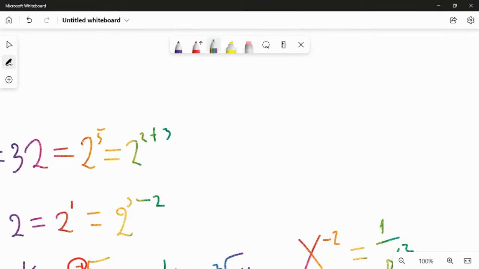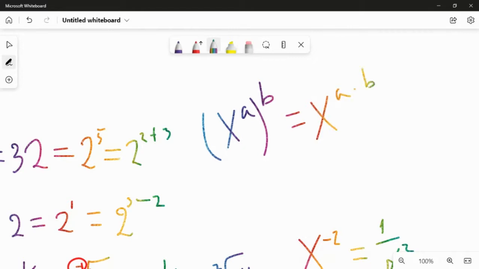If we have x raised to a, that whole thing raised to b, we multiply both: x to the a times b. And as a simple practical example, if we have 2 squared raised to the third power, that is 2.